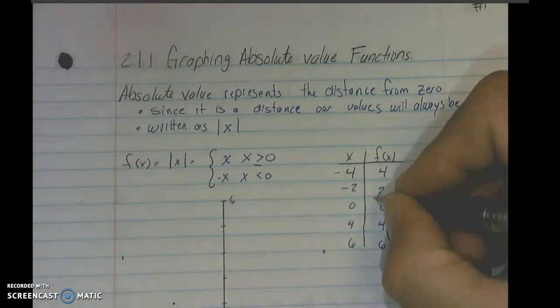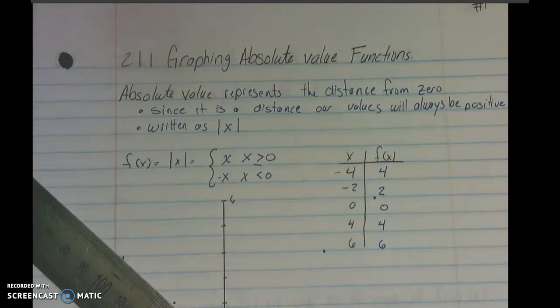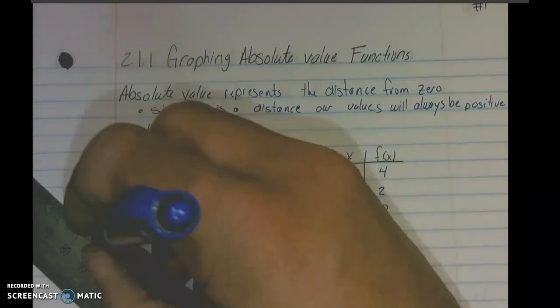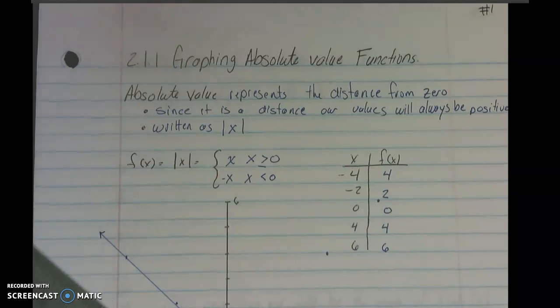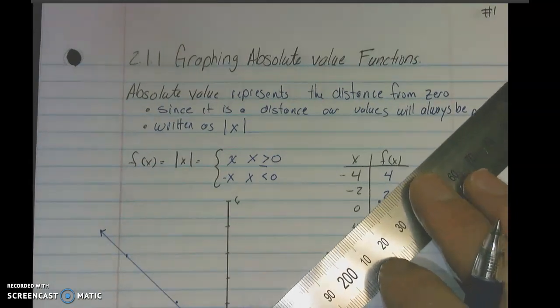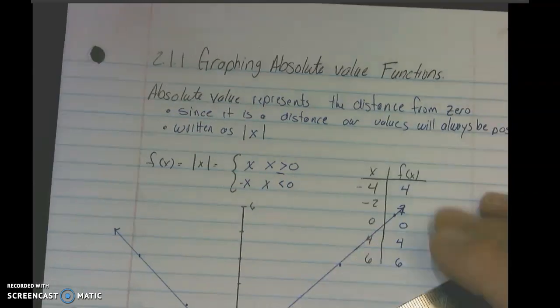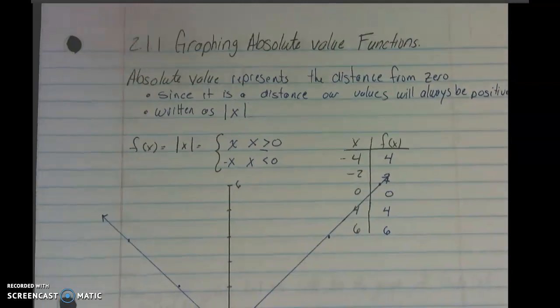We're going to go into my table a little bit. And then we're just going to connect those points. And not too bad. So it looks something like that. Okay.